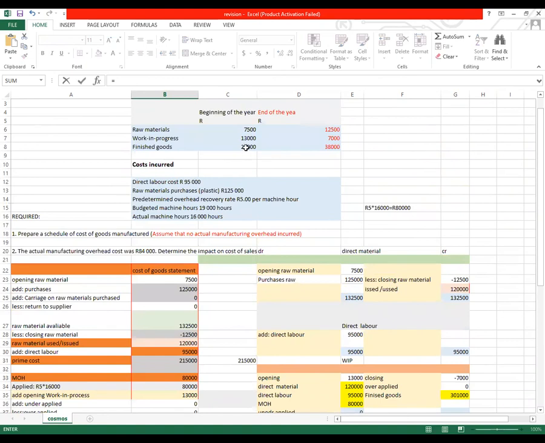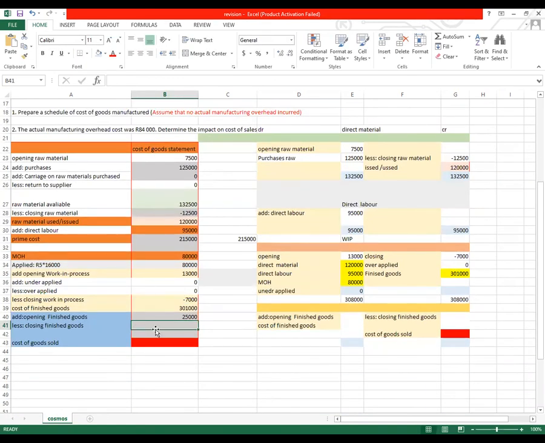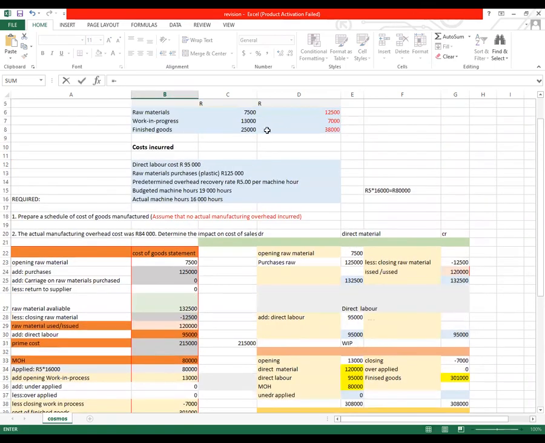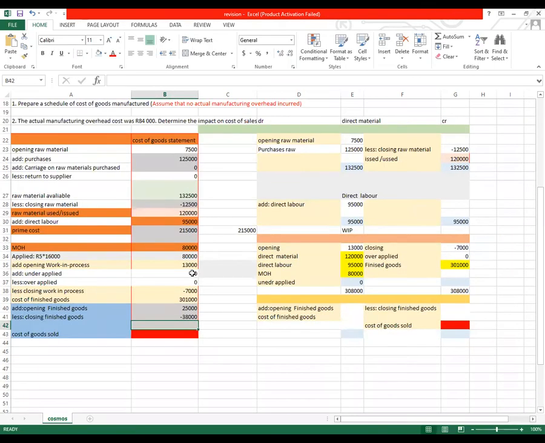Okay, we have the opening of finished goods. And then we have the closing amount of finished goods. Is this amount. And then how to get the cost of goods sold, guys? Anyone who wants to take this?